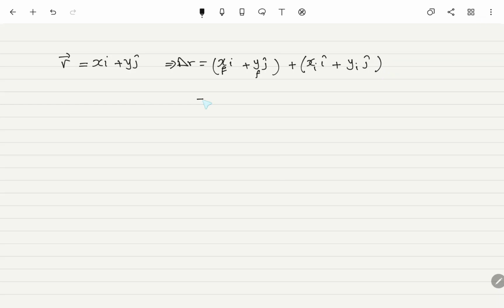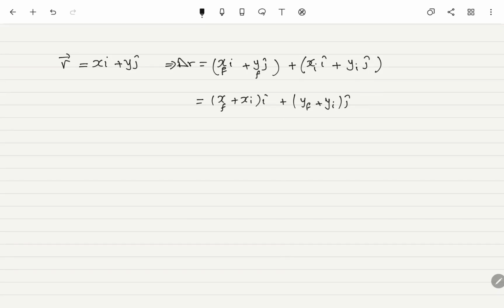Let's rearrange the outcome. It's equal to x final minus x initial in the i hat direction plus y final minus y initial in the j hat direction. This will lead us to this assumption.